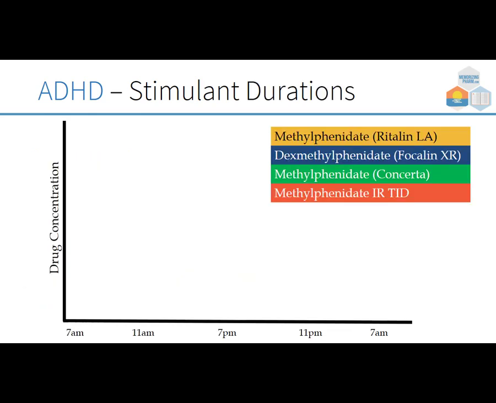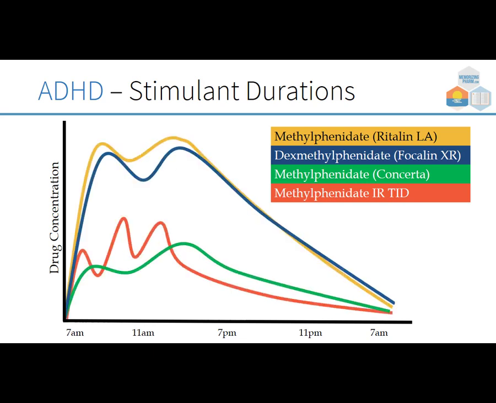The 4 that I'll put on this chart are methylphenidate, which is Ritalin, dexmethylphenidate, which is Focalin XR, methylphenidate, which is Concerta, or methylphenidate immediate release 3 times a day. And we see that these peaks happen somewhere around maybe 4 or 5 p.m., and then it gradually tapers off.